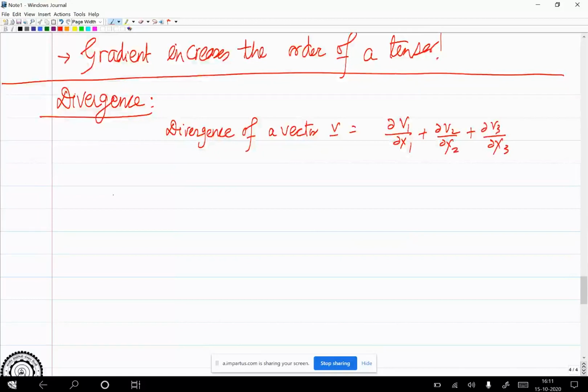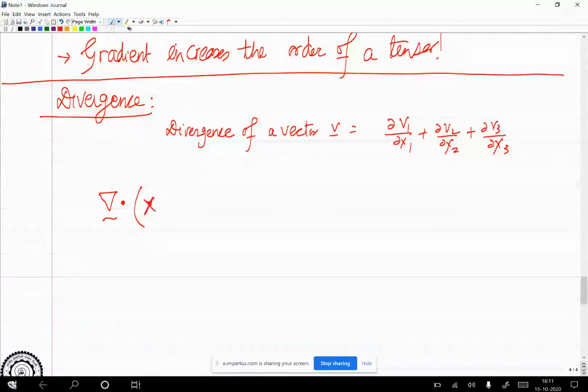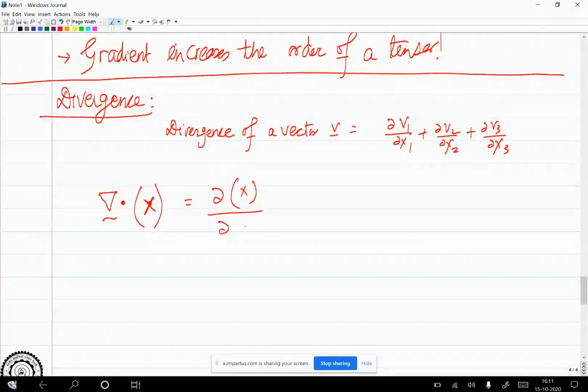And it is the following. We denote divergence by the gradient symbol, but with a dot also. So this is the divergence symbol. And the divergence of anything equals del of that thing with respect to xj, dotted with ej. See, in the gradient it was a tensor product, but now it's a dot product.